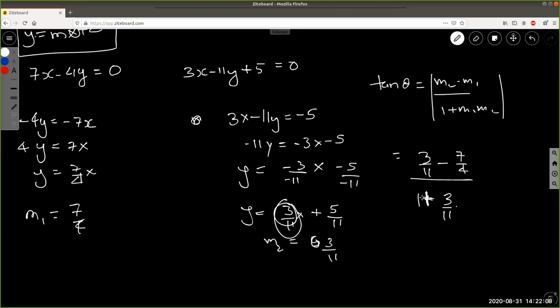Now just solve this. I'm solving the top part. LCM will be 44.